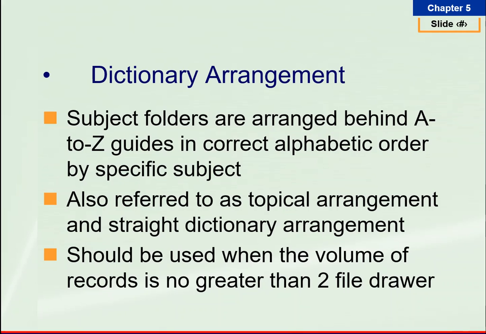The dictionary arrangement should be used when the volume of records is no greater than 2 file drawers. Okay, I think you're familiar with the file drawer. Usually we have around 3 to 4 layers of drawers.